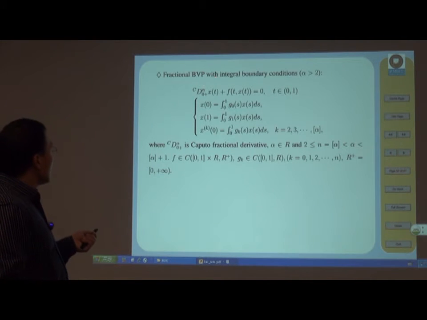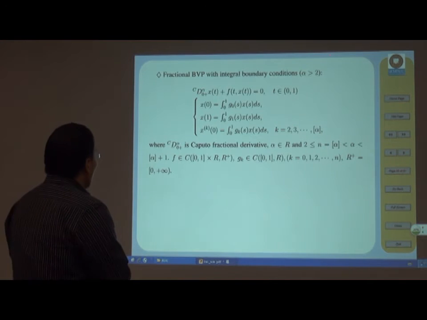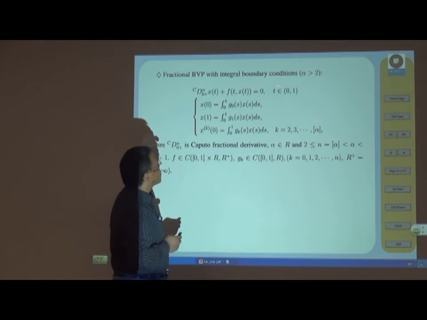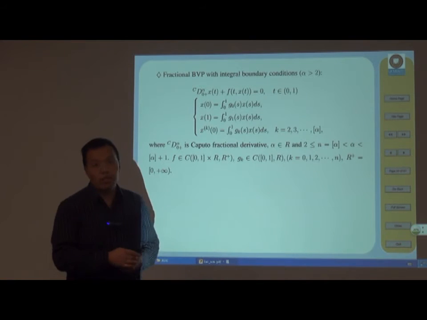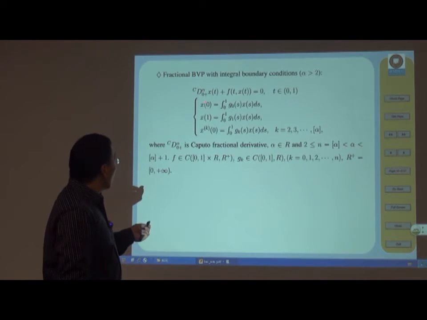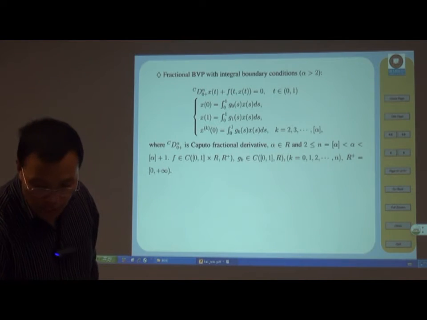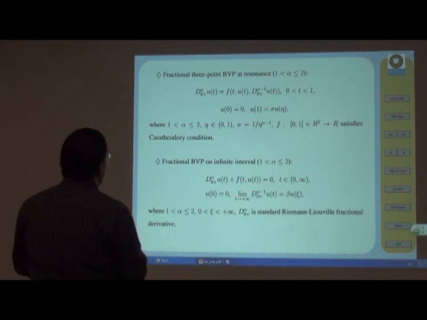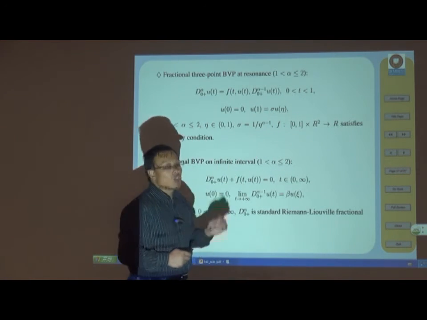And this is the integral boundary conditions problem, with alpha greater than 2. You will find that the boundary conditions involve an integral, so it is called an integral boundary value problem. And here, the fractional derivative is the Caputo fractional derivative. And this problem is also called a three-point boundary value problem because of the three points 0, 1, eta.